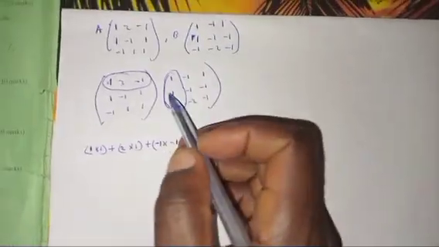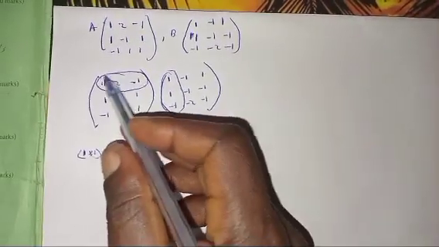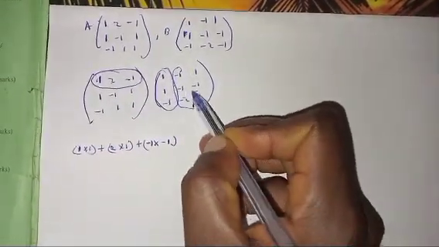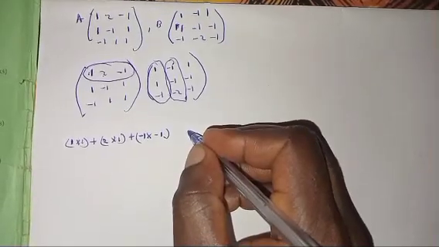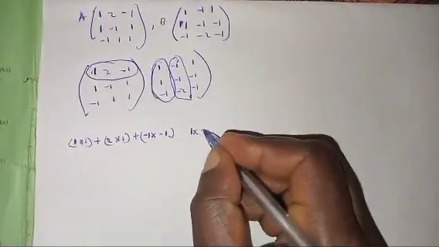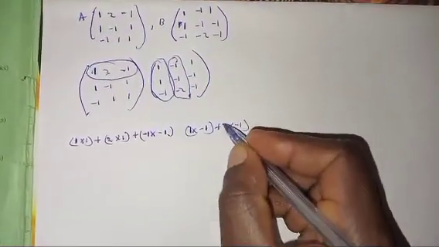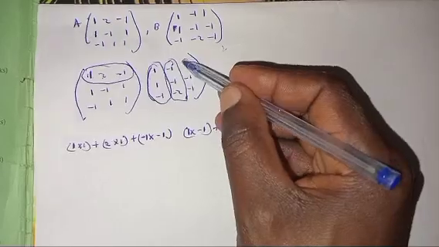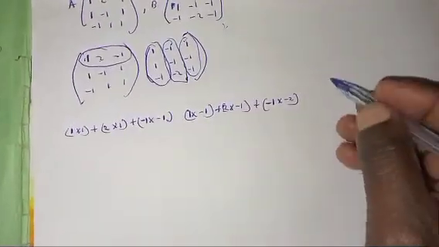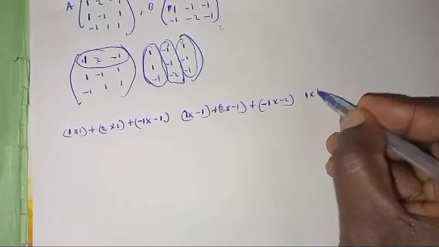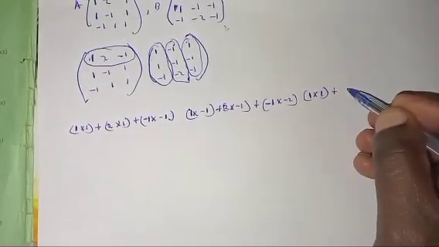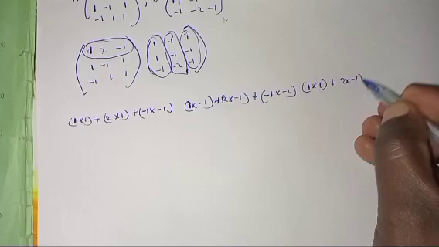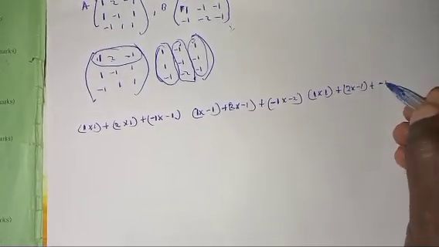You come here again, you say this times this, so you leave a space, then say 1 times negative 1 plus 2 times negative 1 plus negative 1 times negative 2. You come here, you multiply this by this, you say 1 times 1 plus 2 times negative 1 plus negative 1 times negative 1.